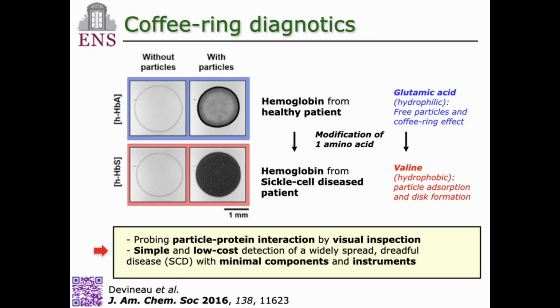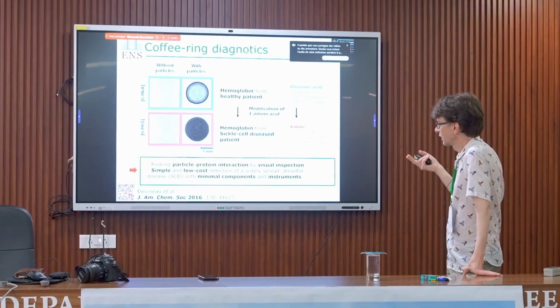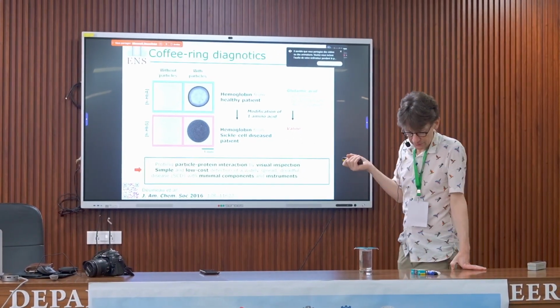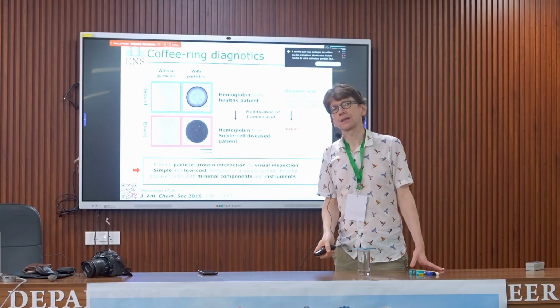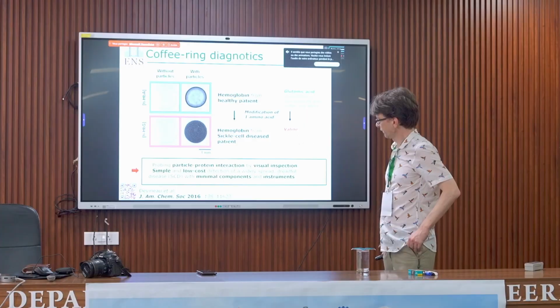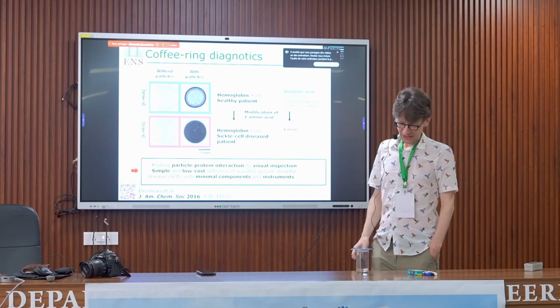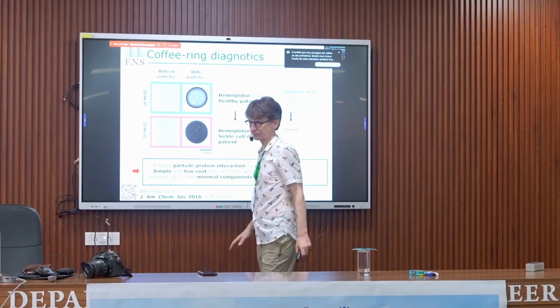So you have the possibility to see protein-particle interactions directly with your eye, and this can give a concept to make very simple, very low cost, very distributable diagnostics for very important diseases. This was done in 2016, published in 2016.